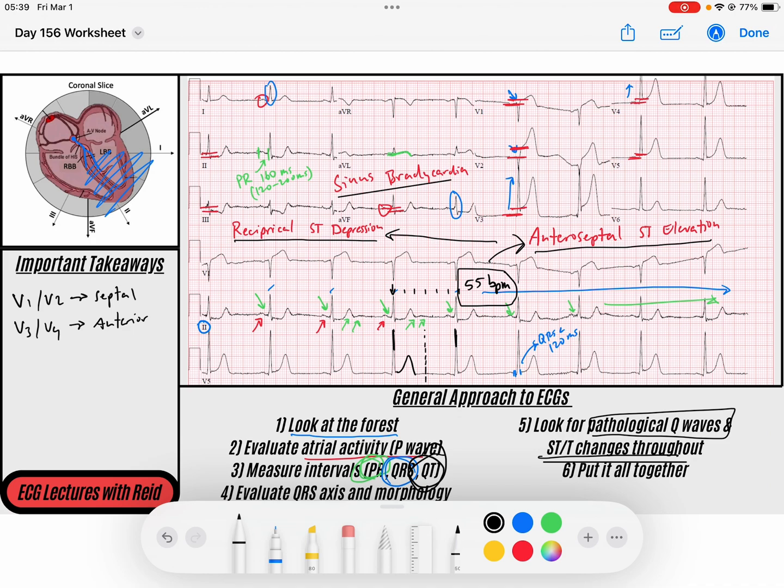This patient was taken to the cath lab and was diagnosed with an occlusion of the left anterior descending artery. We know that the left anterior descending supplies the anteroseptal region. It supplies the septum, and it supplies the anterior wall of the left ventricle. So that all makes sense.